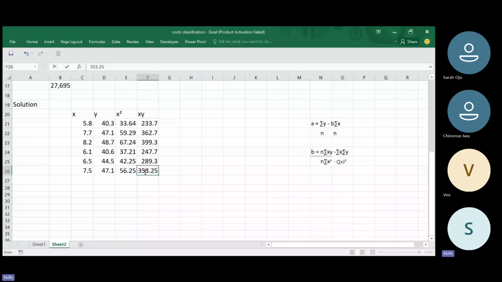So the next thing to do now is to sum up this column. You add this plus this plus this plus this. Let me use this to sum it up.